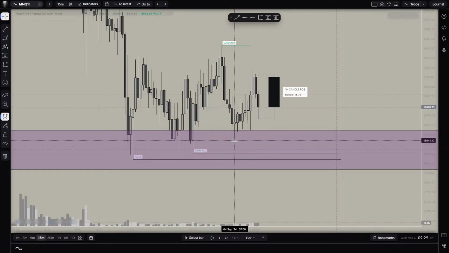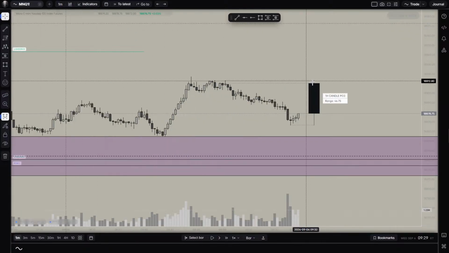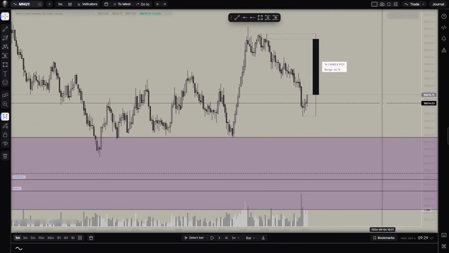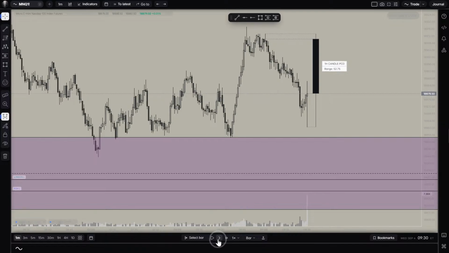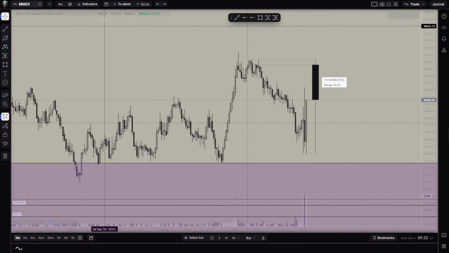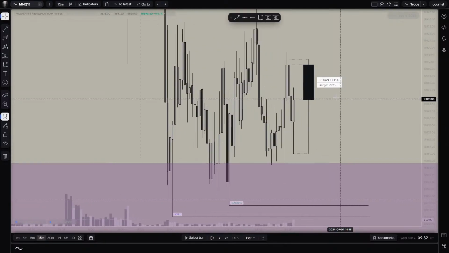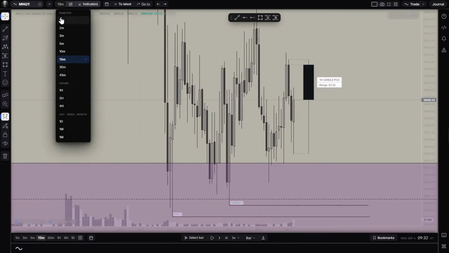We have a kind of trend and liquidity. Let's go to 1 minute. 9:30 manipulates lower. Okay, closes to the upside. It means price is kind of respecting it. Let's see.